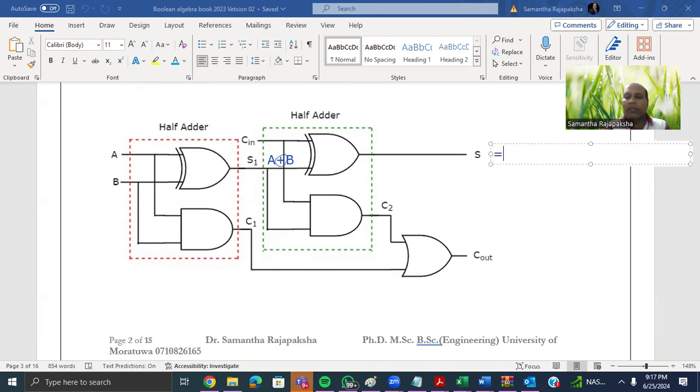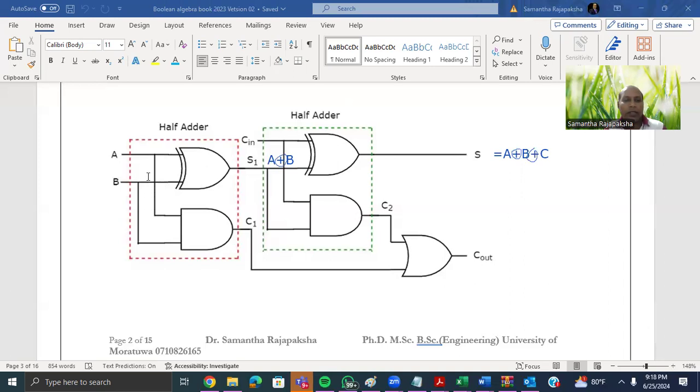Therefore, here the output should be equal to A exclusive B and exclusive C. Therefore, A exclusive B and B exclusive C.